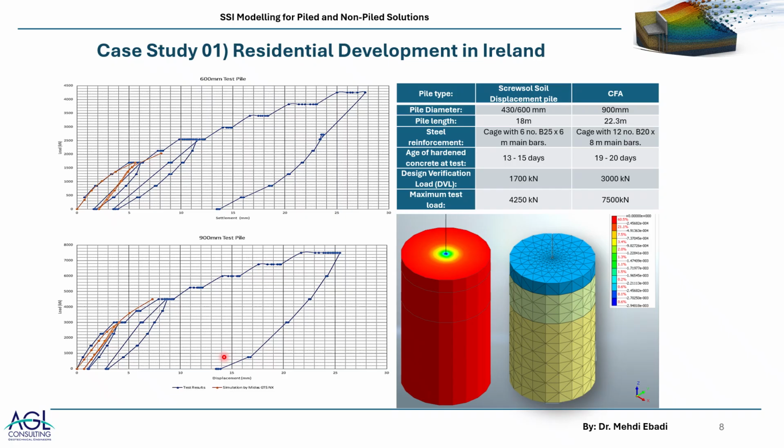So we first had to make sure we could capture the behavior of each pile in the soil, which is a soil structure interaction. In this case, the structure is a single pile under loading and unloading. So what parameters could we work with?